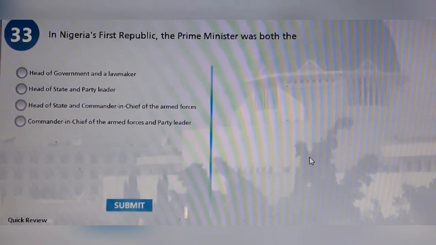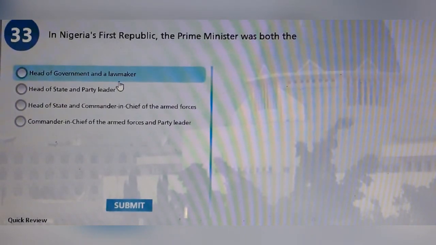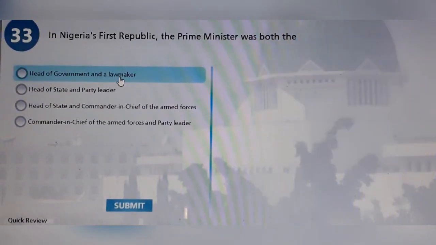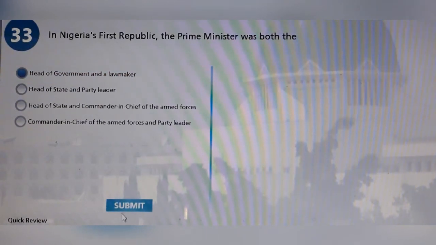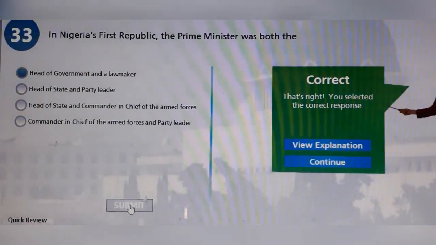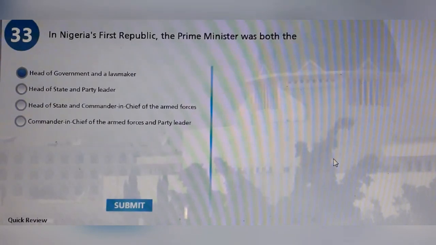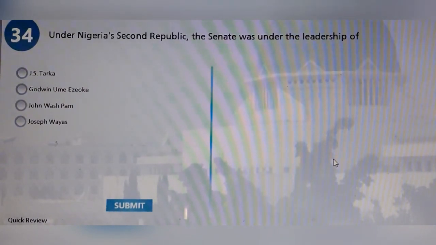In the parliamentary system, the prime minister is both a lawmaker in the legislature, having his cabinet members, and a member of the executive as the head of government. So he was both the head of government and a lawmaker. That's in a parliamentary system of government.